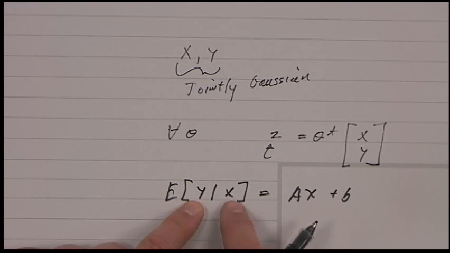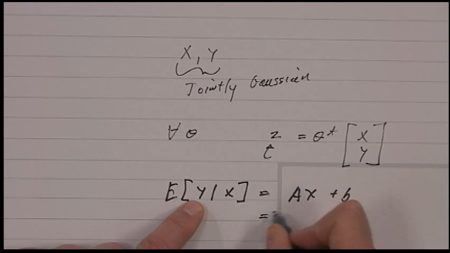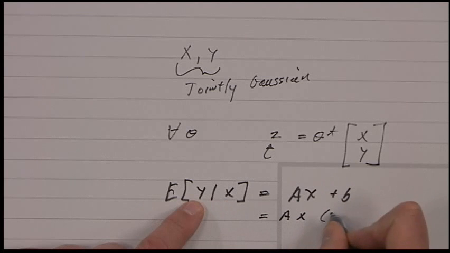But in particular, if x and y are both zero mean, which is a special case but really without loss of generality, because you can always subtract off the means, whatever they may be, then it's just equal to ax. This is the zero mean case.